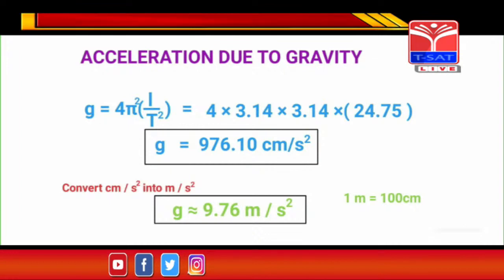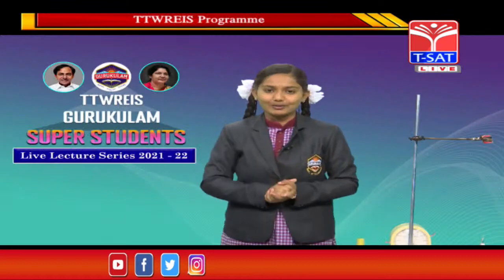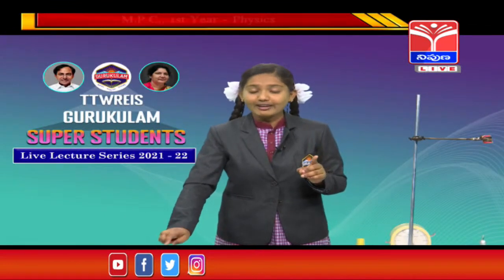Then we got the gravity value 976.10 centimeters per second square. Converted into meters, g is equal to 9.76 meters per second square, because 1 meter is equal to 100 centimeters.